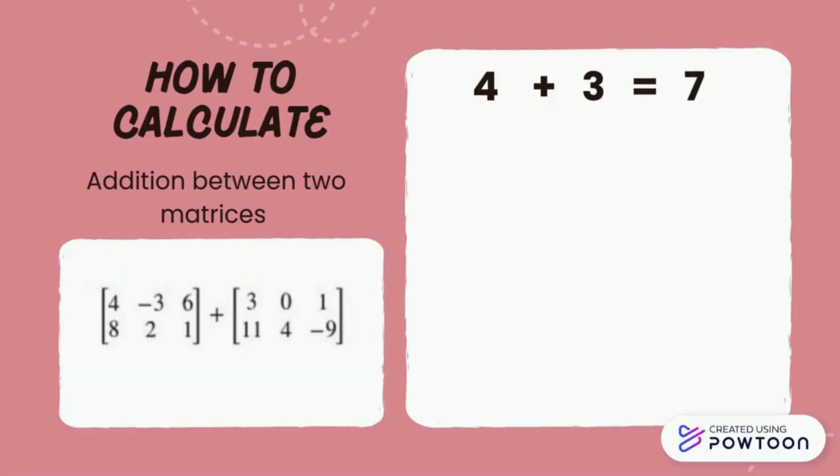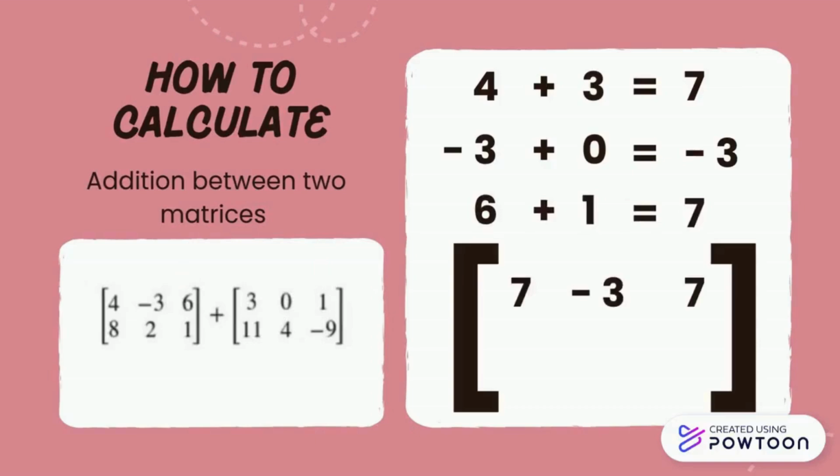Alright, next we look at the value negative 3 added to the value 0 in the second column of both matrices, and we will get the answer negative 3. Okay, finally, for the first row in the third column of both matrices, which is 6 add 1, we will get the answer 7.